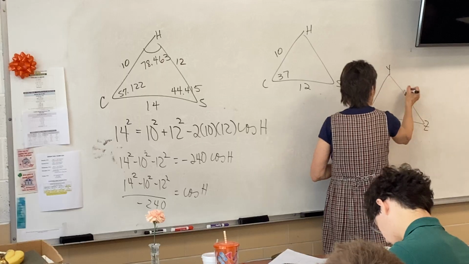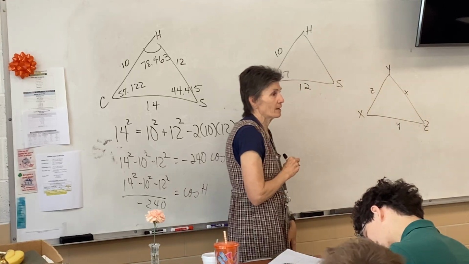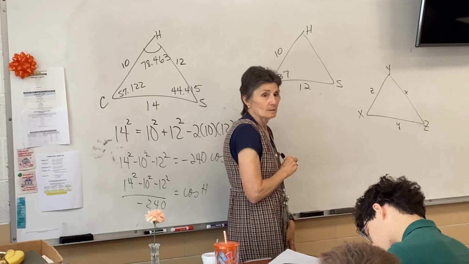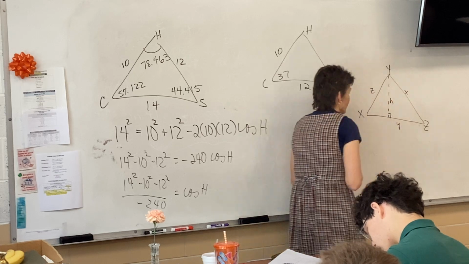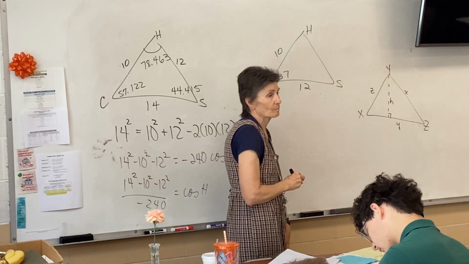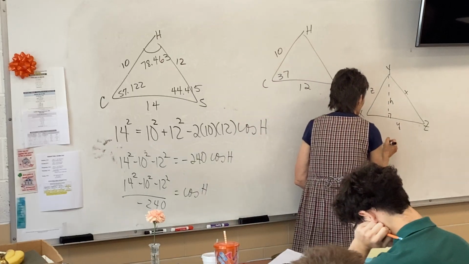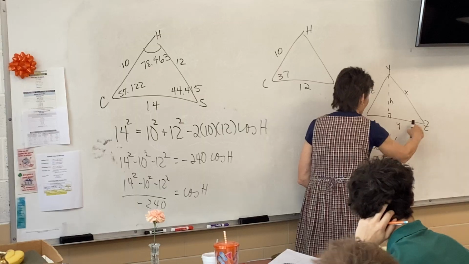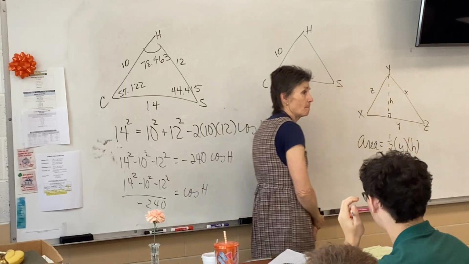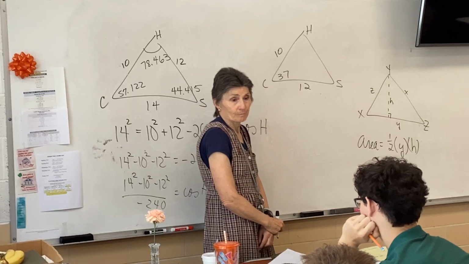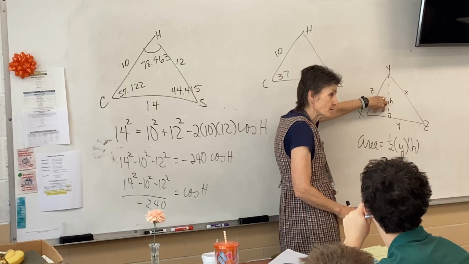Triangle XYZ. Let's say we want to find the area of this triangle. I'll drop a perpendicular. We'll call it the height. I know that the area of this triangle is 1/2 the base times the height. Agreed? This little triangle right here is a right triangle.